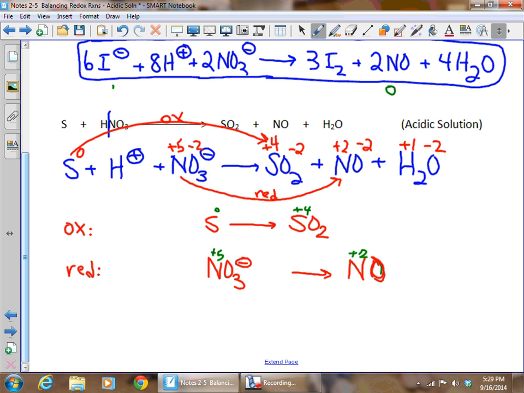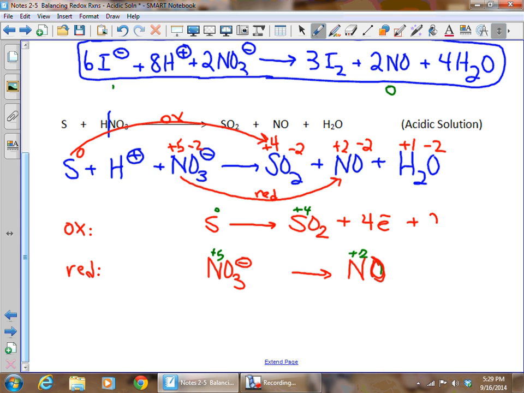So for our electron changes, we've got sulfur already balanced, but we're going to need 4 electrons on this side to get our charges to balance. Once we get that done, we still have to worry about our oxygens. This is an acidic solution, so we've got all the water and hydrogen ions we need.